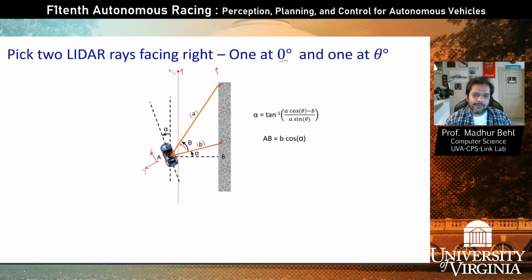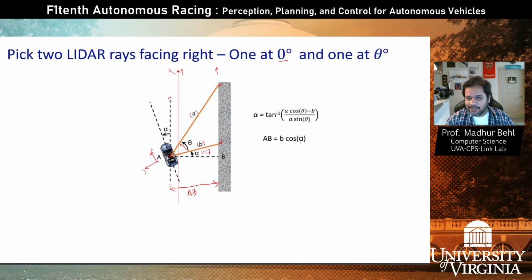And what follows from that is just basic geometry: if my car is in a pose alpha away from the original heading, which is the parallel-to-the-wall heading, then in order to compute the true distance from the wall, which in this case is AB, AB is given by B times cosine of alpha, right? From this triangle right here.